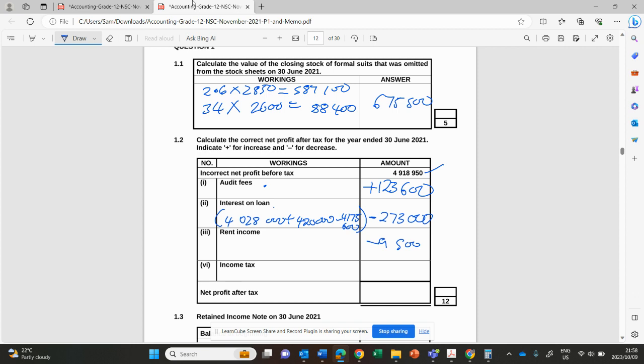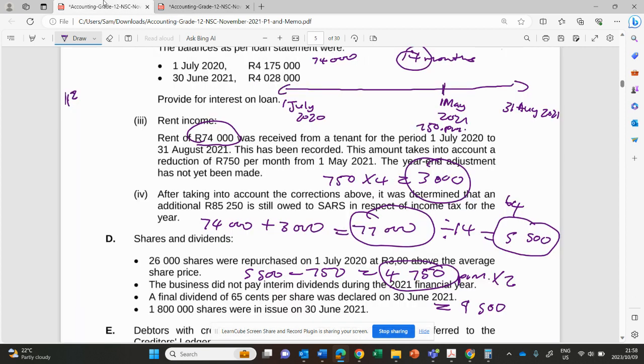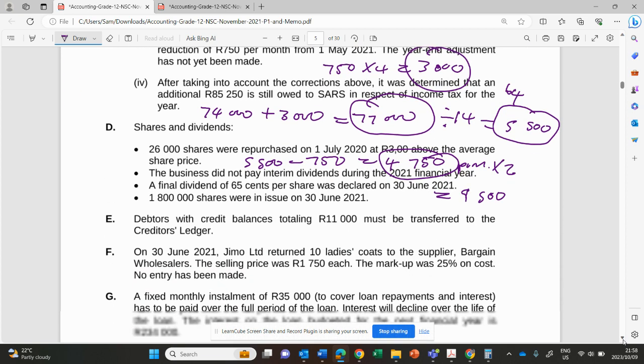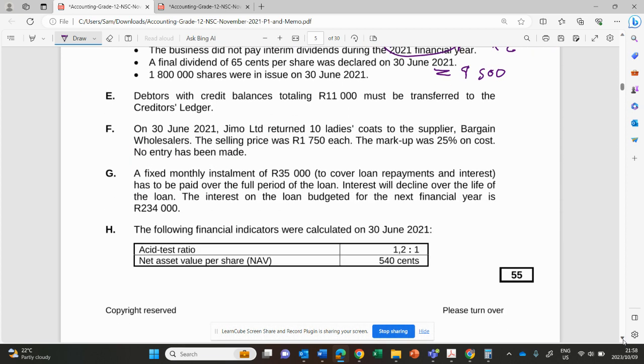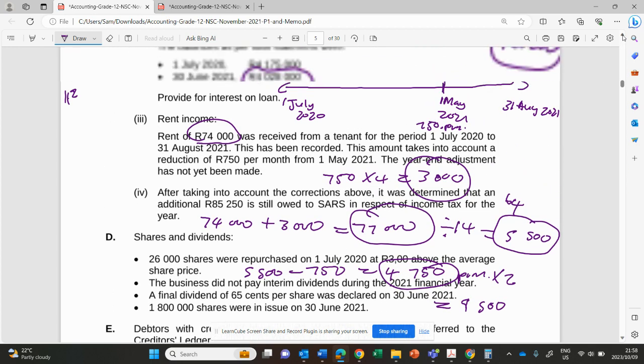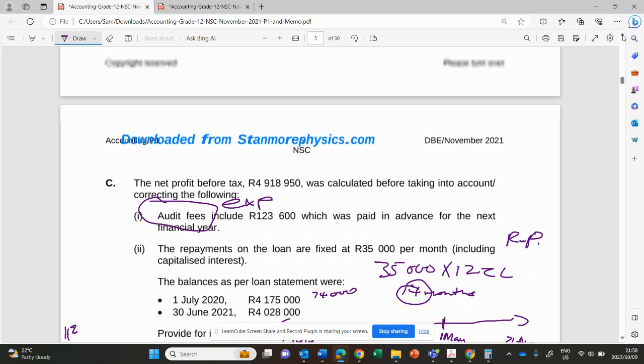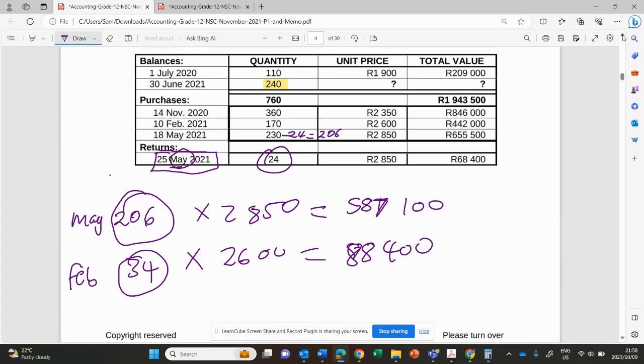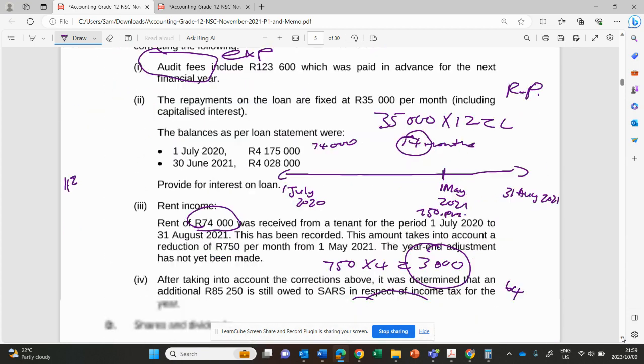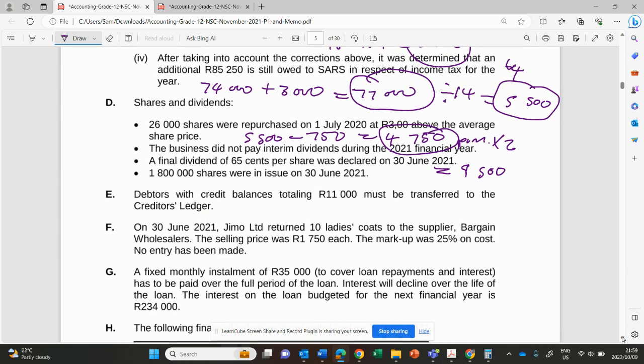Now you can put the income tax there. Where is the information about the income tax? Okay, there it is.